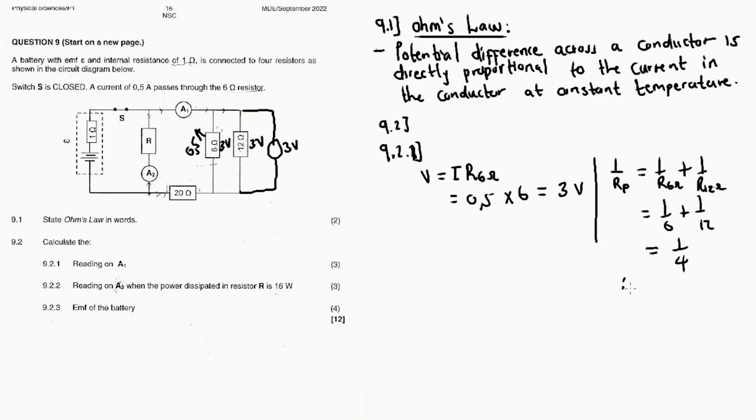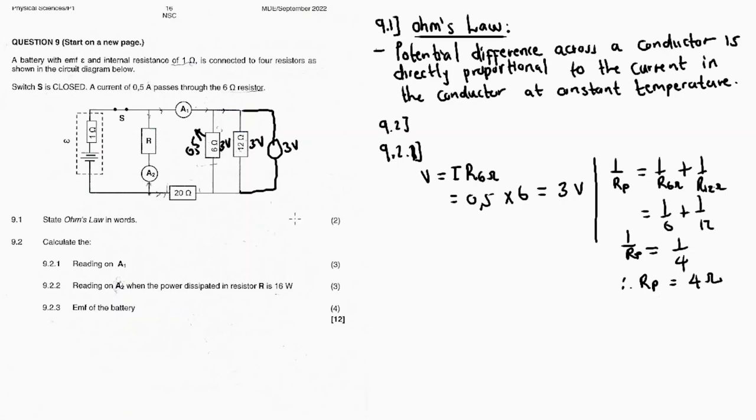Therefore Rp is going to be equal to 4 ohm. It's just flipping the numerator and the denominator, since we formulated 1 over Rp. So Rp is 4 over 1, and 4 over 1 is equal to 4 ohm.